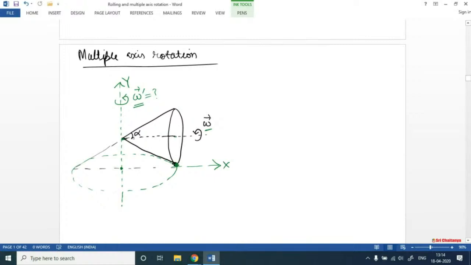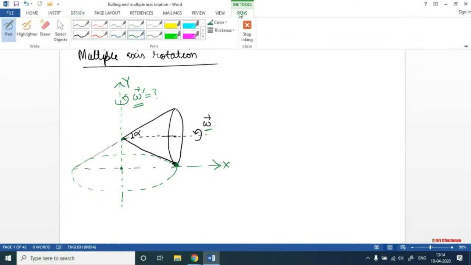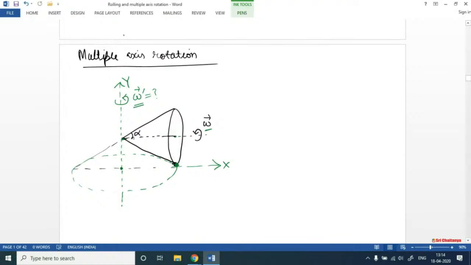So now you imagine, we have to find the relationship between omega and omega dash. Let's write it over here: relation between omega and omega dash, in magnitude.